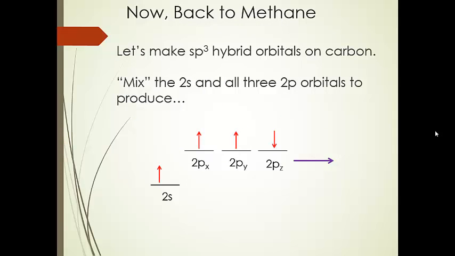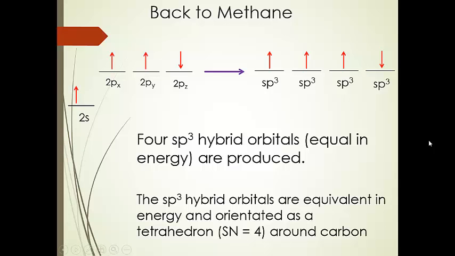All right, so let's go back to methane. Doing the same thing but without the pictures this time, we're going to make sp3 hybrid orbitals on carbon. In order to get the four hybrid orbitals that we need, because we're bonding four things to carbon, we need to mix the 2s and all three of those 2p orbitals. We have all of our electrons unpaired, and now we mix all the orbitals together, the 2s and all three 2p's, and we get four sp3 hybrids.